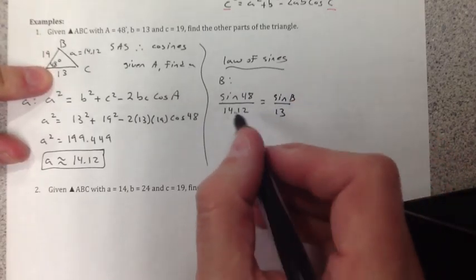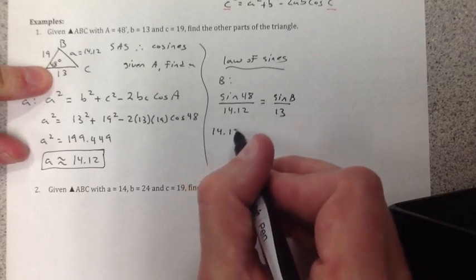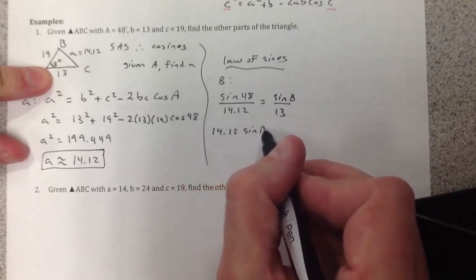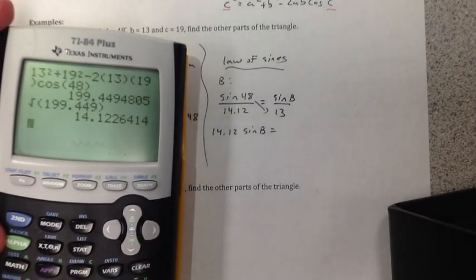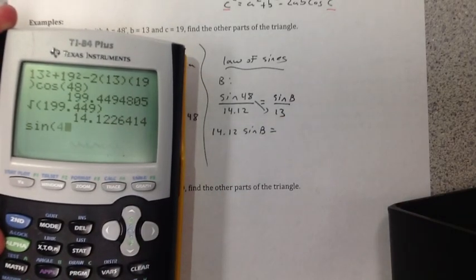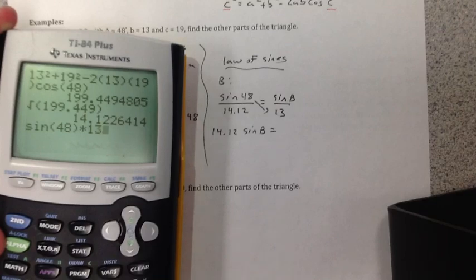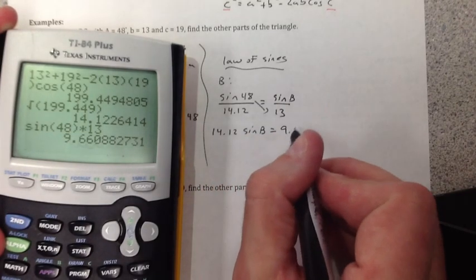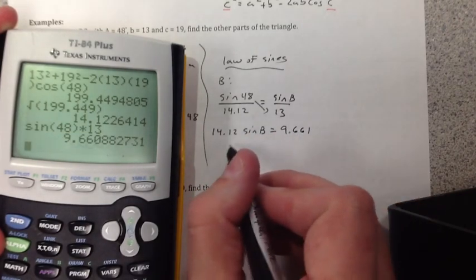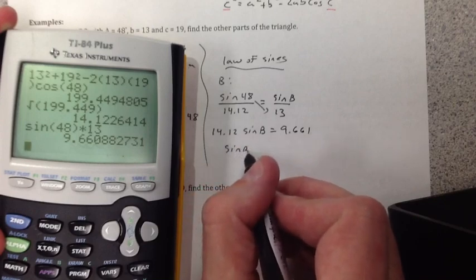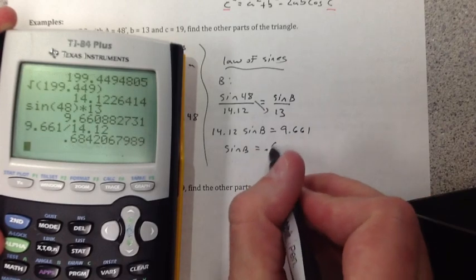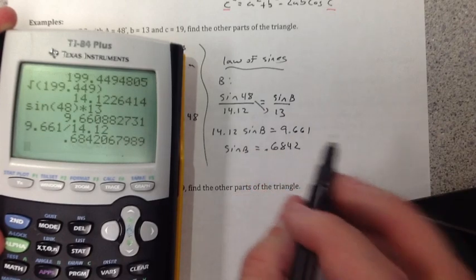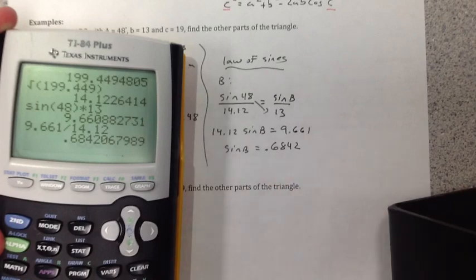And I'm just going to cross multiply, so I get 14.12 sine of B equals, and if I just multiply those two together on my calculator, we get the sine of 48 times 13, and that's going to give me 9.661. Divided by the 14.12, 9.661 divided by the 14.12, we get 0.6842.